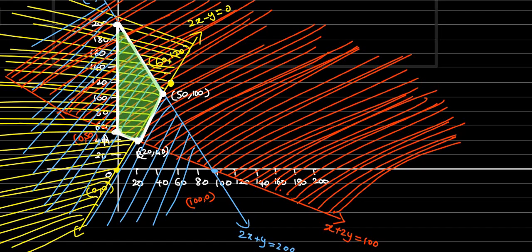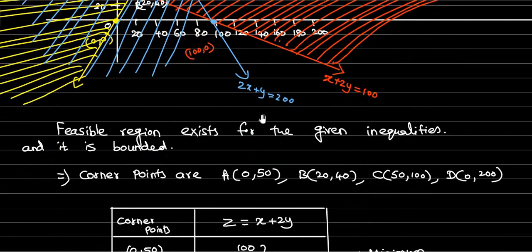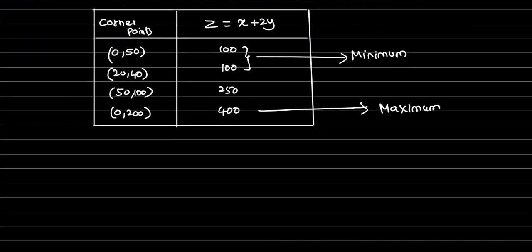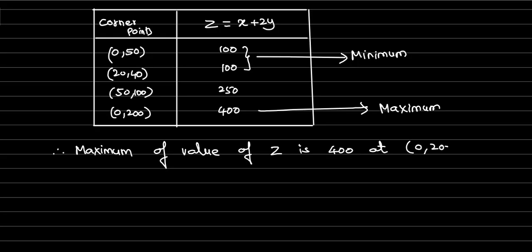So not only at 2 points; we'll write the same now. Therefore, the maximum value of Z is 400 at only one point, 0 comma 200.